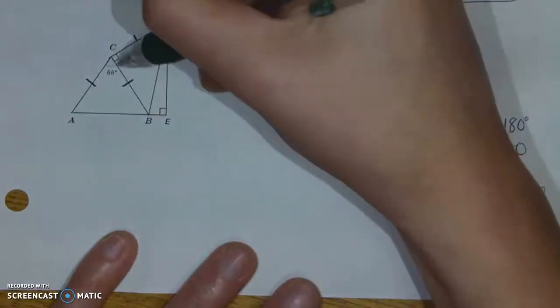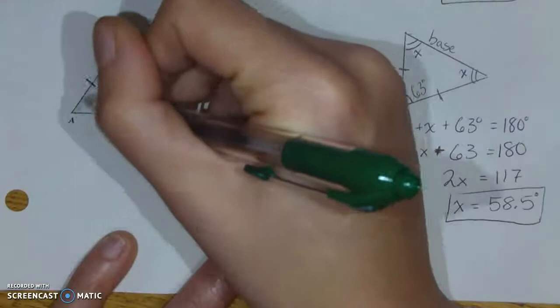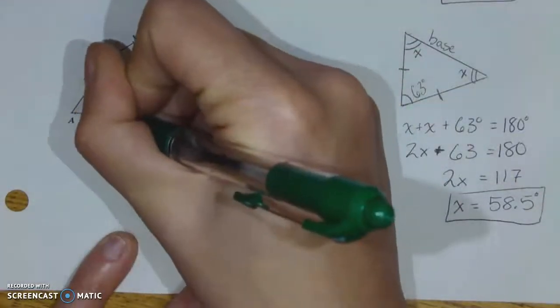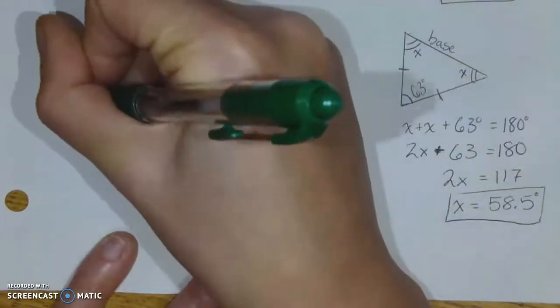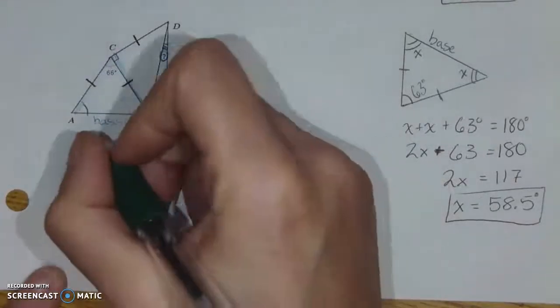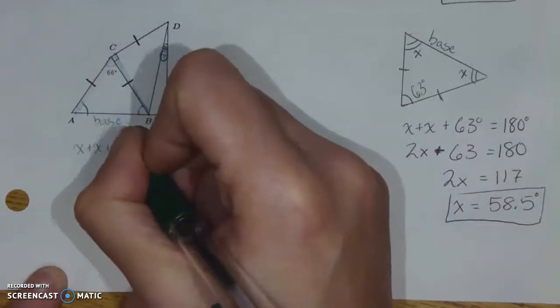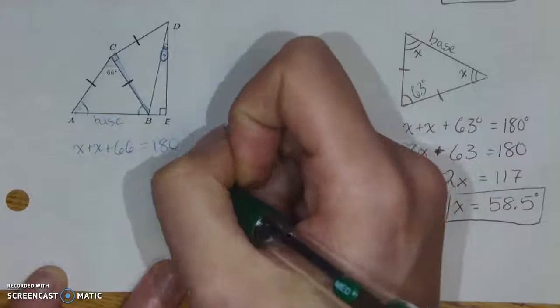Now, if I look at the 66 in the triangle that it is currently in, well, I can see that this triangle is isosceles, and this AB is the base, which means that I can draw in my base angles as congruent to each other. Since C is 66 degrees, that means my base angles will add up with 66 to make 180 degrees.